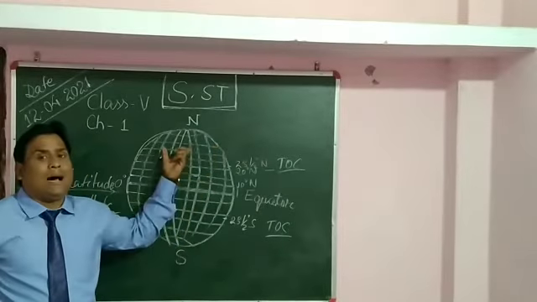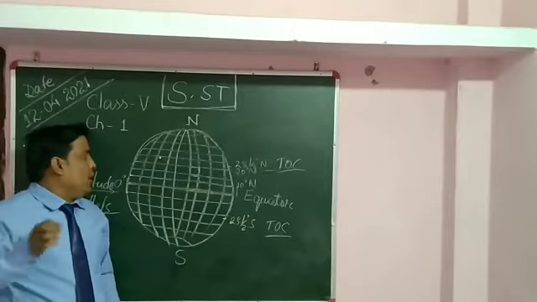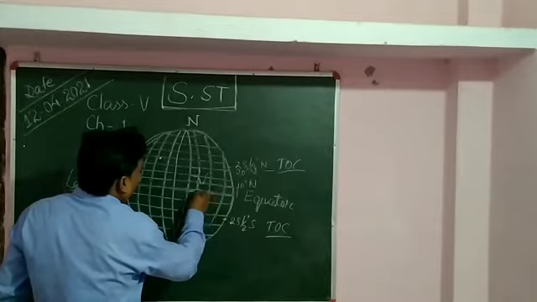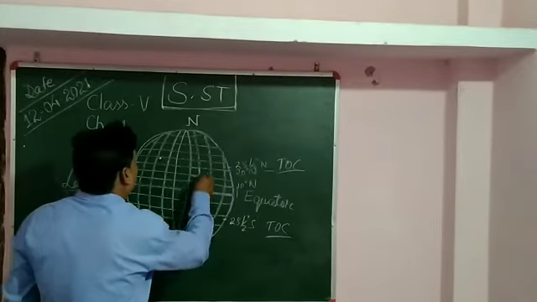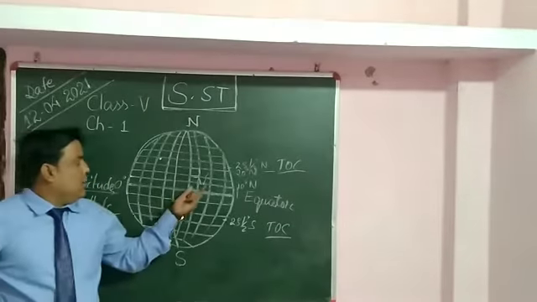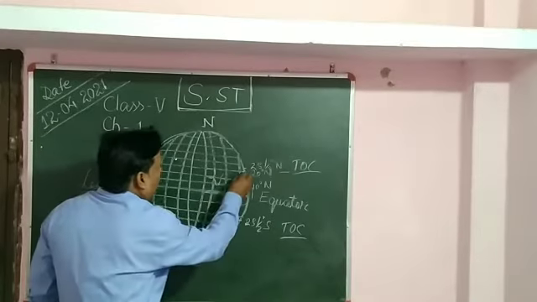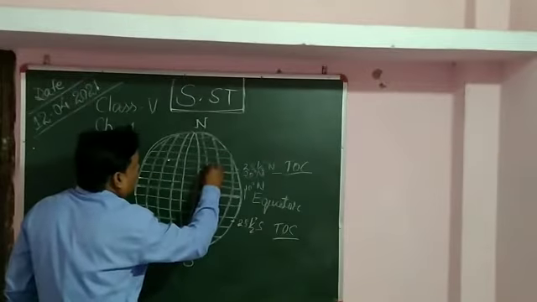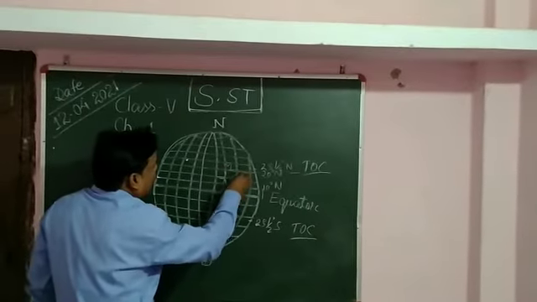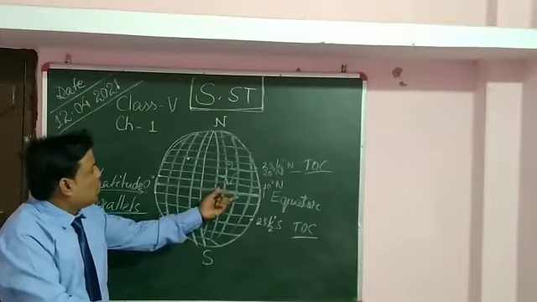It means the upper half of the earth, and India also lies somewhere here, in the upper part of the earth. We have to keep in mind that this line, the Tropic of Cancer, passes through India. This line divides India into almost equal halves.